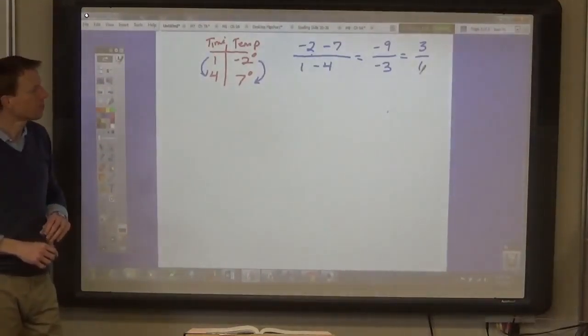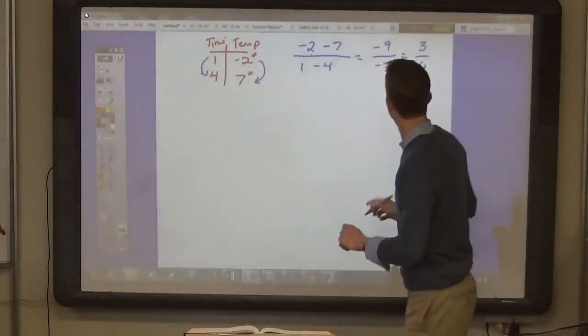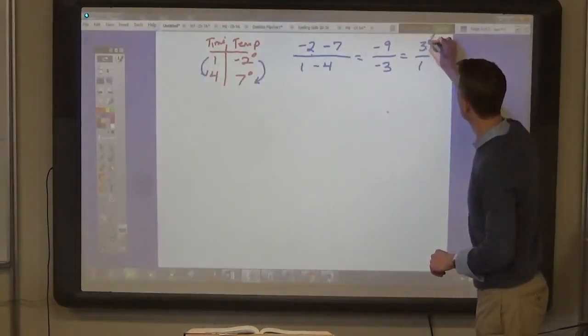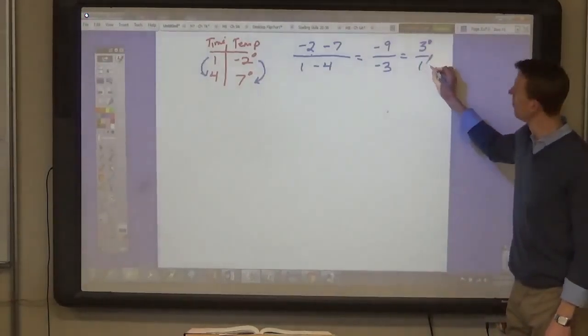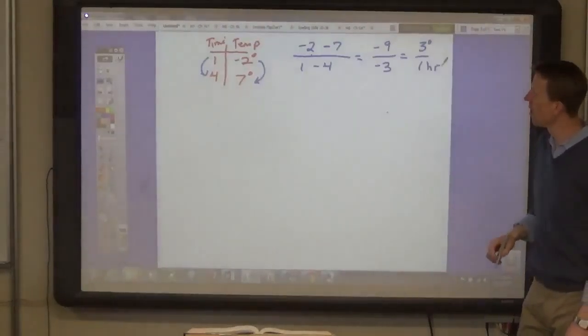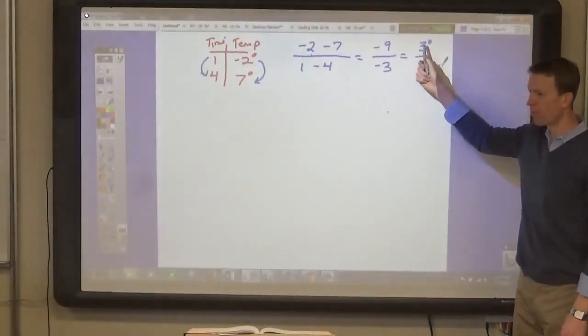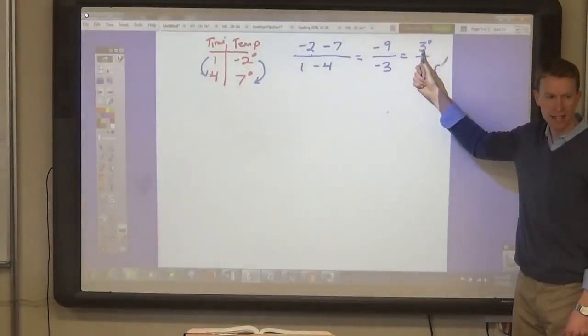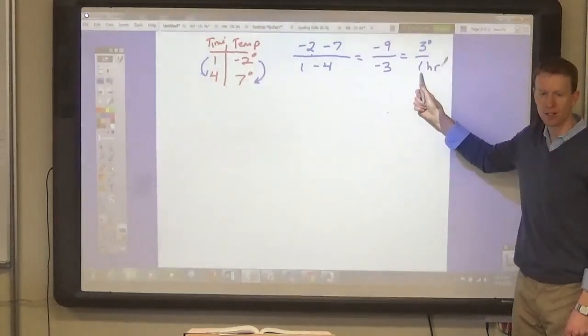Time is the bottom, temperature is the one up top. So this is 3 degrees per hour. And is it going up or down? It's going up. It's a positive slope. So the temperature is rising at a rate of 3 degrees per hour.